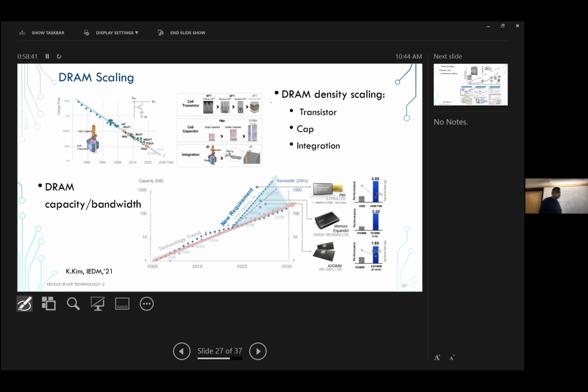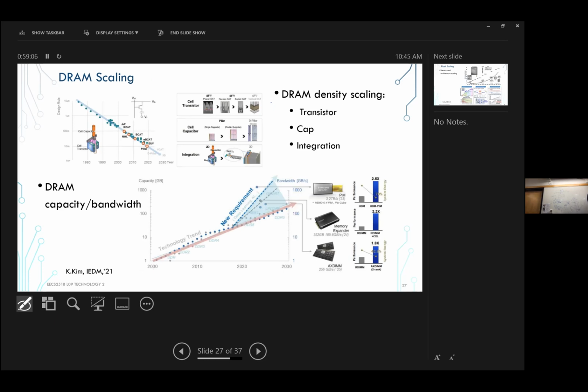Okay. I was talking about logic scaling and memory scaling. There are other technologies out there. DRAM is a huge part of the market, and it has been scaling really nicely, but it is also in trouble. It's a very different process than SRAM or logic.